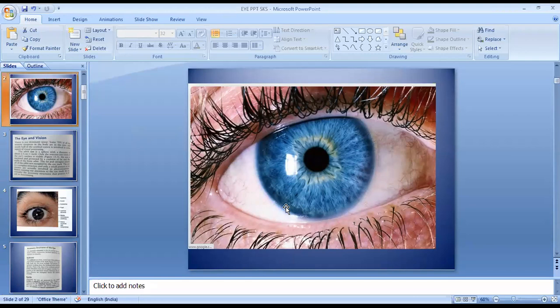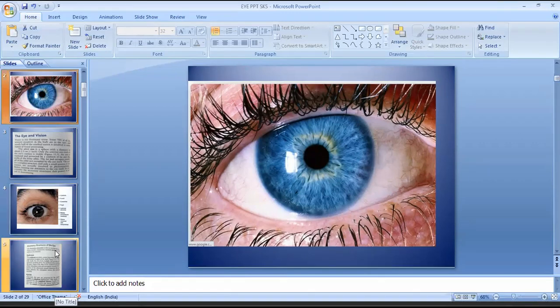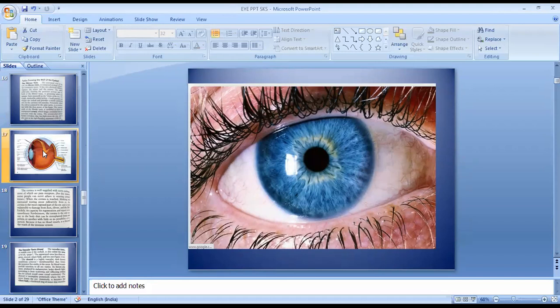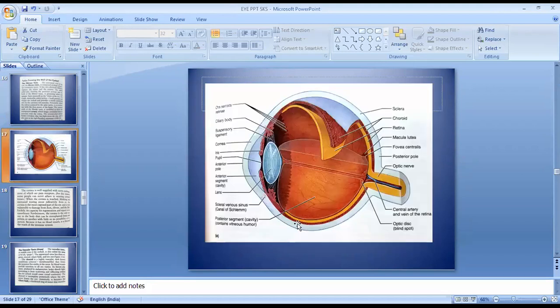Right? After the choroid, it thickens up. It is called what?